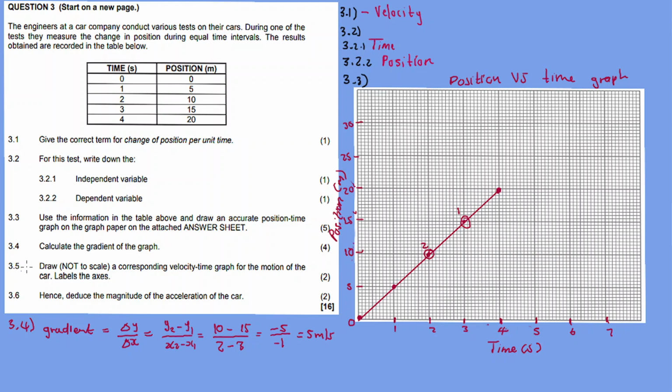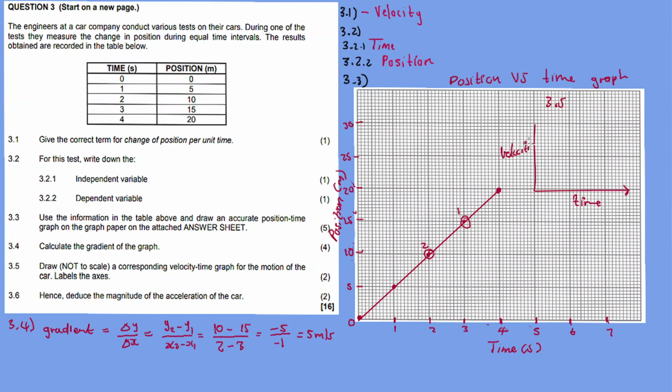3.5: draw, not to scale, a corresponding velocity-time graph for the motion of the car. Here we have time and here we have velocity.